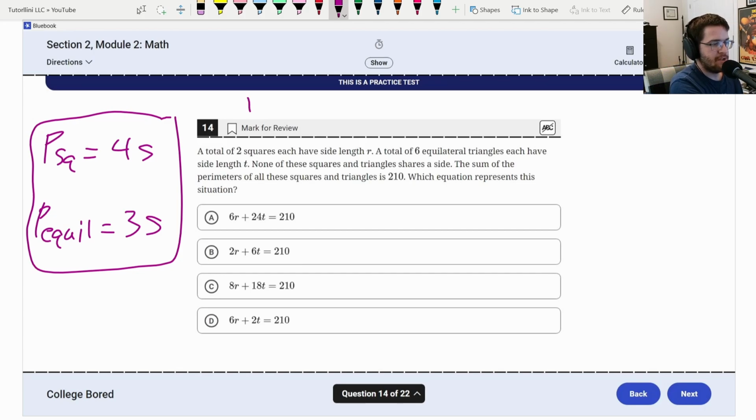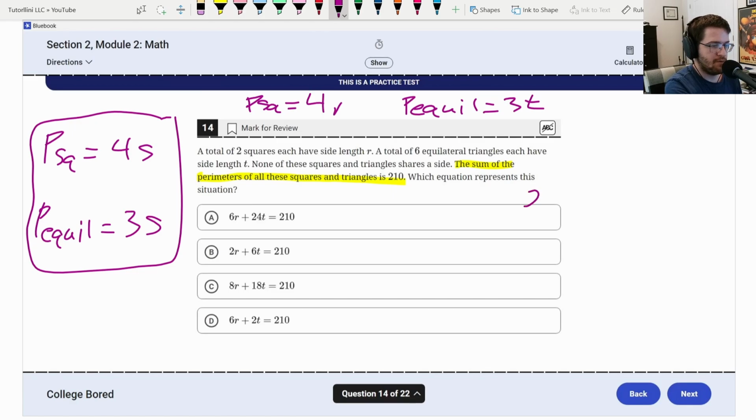I'm just going to rewrite these with the letters they put in the questions. So for, what did they say? R for the square, and then the perimeter of the equilateral triangle is 3. What letter did they use? T for the side length of the equilateral triangle. So it says the sum of the perimeters of all these squares and triangles is 210. And there's 2 squares.